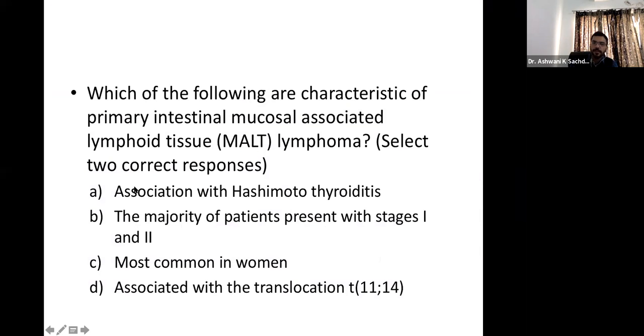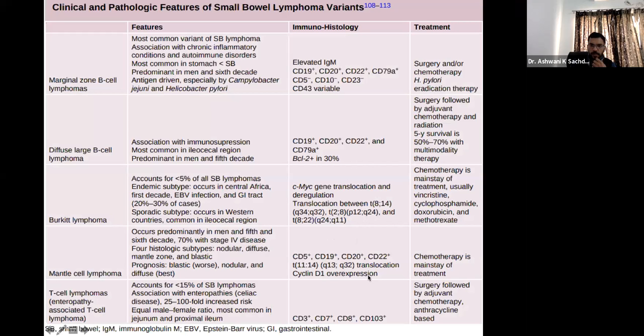So answer A is correct, and answer B is also correct. They present in early stages as compared to Burkitt lymphoma or mantle cell lymphoma. They are more common in men, and they are not associated with translocation. Translocation is more commonly present in Burkitt's lymphoma. The t(11;14) translocation is more commonly present in mantle cell lymphoma. But in Burkitt, it is translocation 8;14, 2;8, or 8;22.